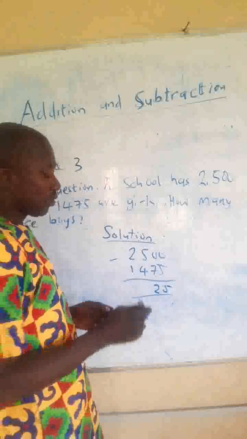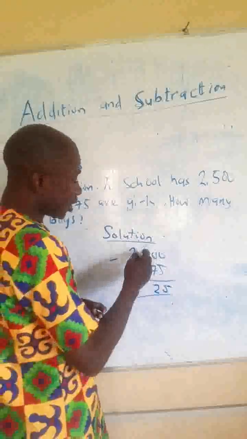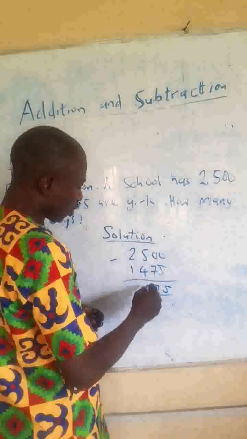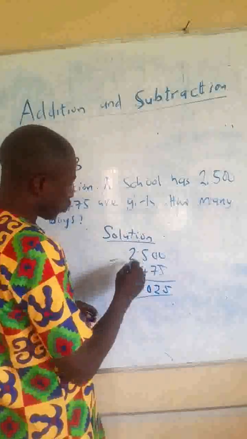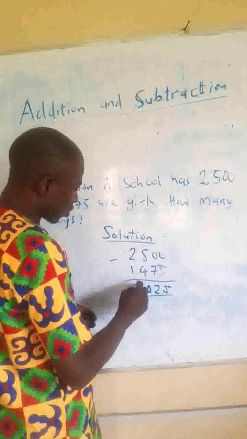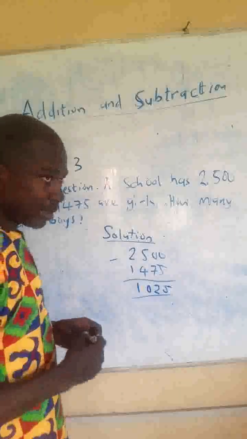Remember we borrowed 1 from this 5, which we take as 10, so what is left here is 4. 4 minus 4 is 0. Then 2 minus 1 is 1. And this becomes the final answer.